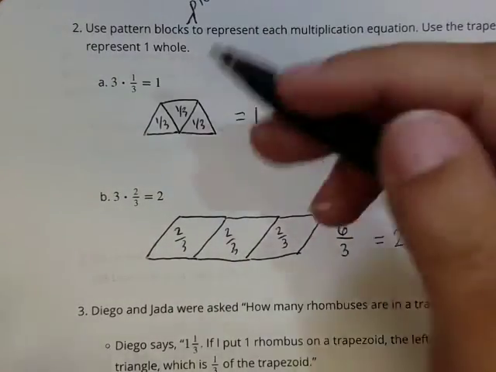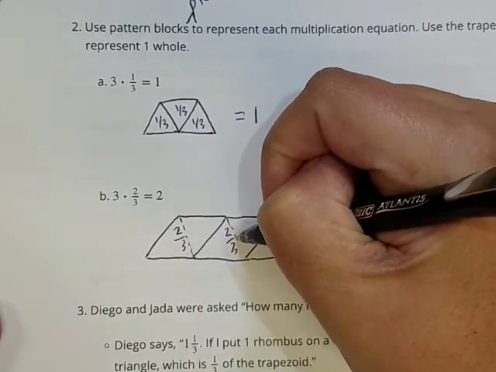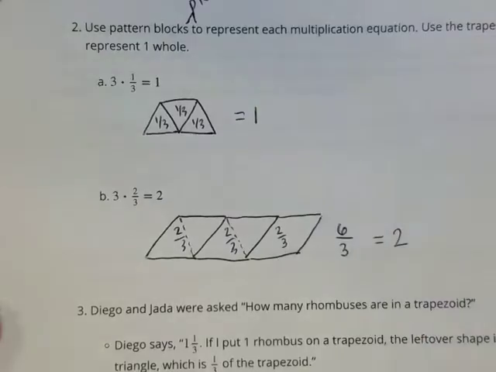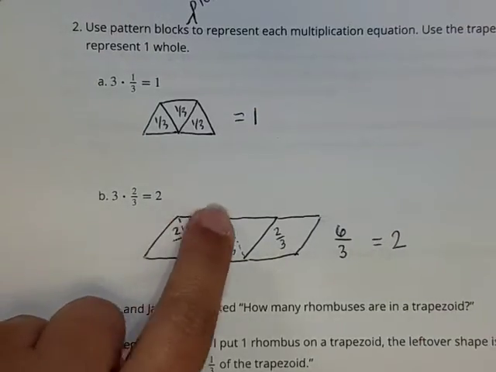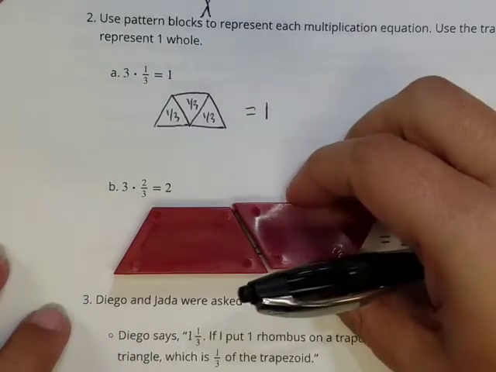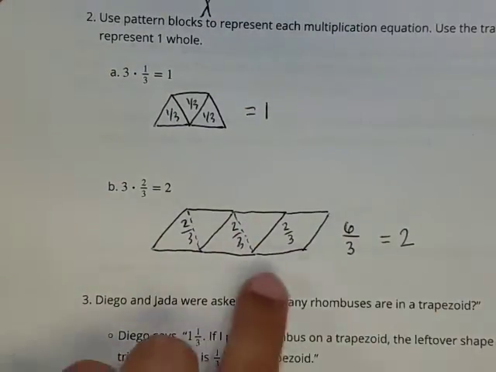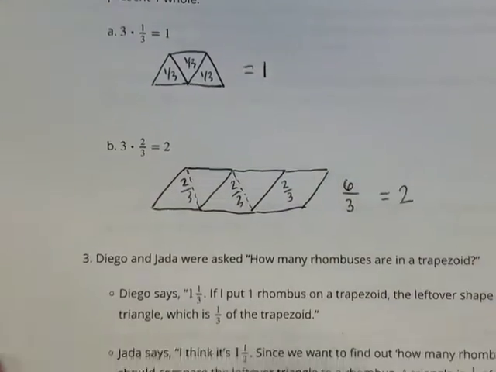If you wanted to, you could also break it up like this, and you would see that this right here is a trapezoid like that, and that right there is a trapezoid like that, and that gives me 1 plus 1, which gives me 2. So just another way to think about that picture.